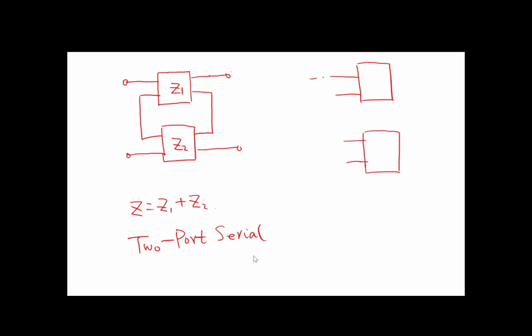We add them together, so the Z equals Z1 plus Z2 also. For example, this is Z1, this is Z2.